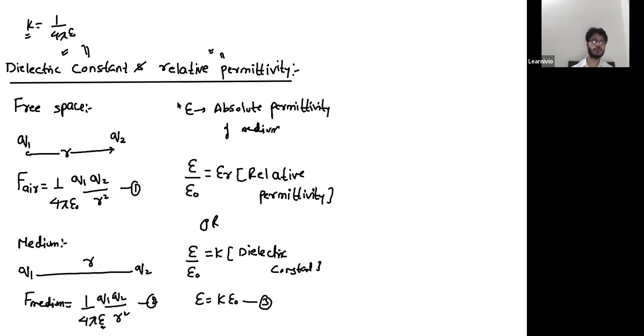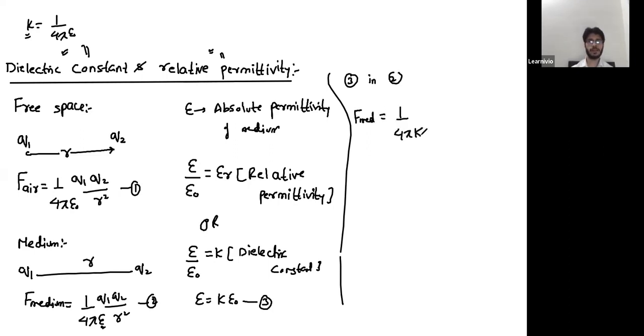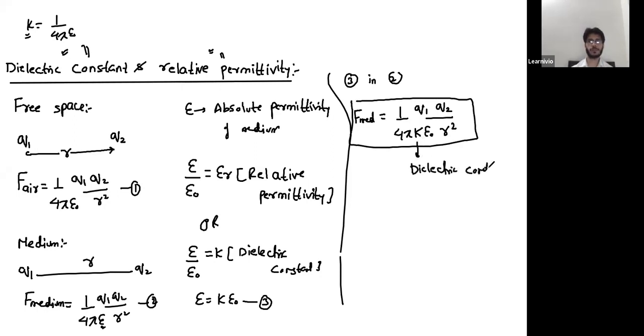If I substitute equation number 3 into equation 2, then you will get that the force in the medium is 1 over 4 pi K epsilon naught, Q1 Q2 over R square. That is the force in the medium, and this K is the dielectric constant. So if you want to calculate the force between two charges in any particular medium, then just multiply the denominator with the dielectric constant of that medium.